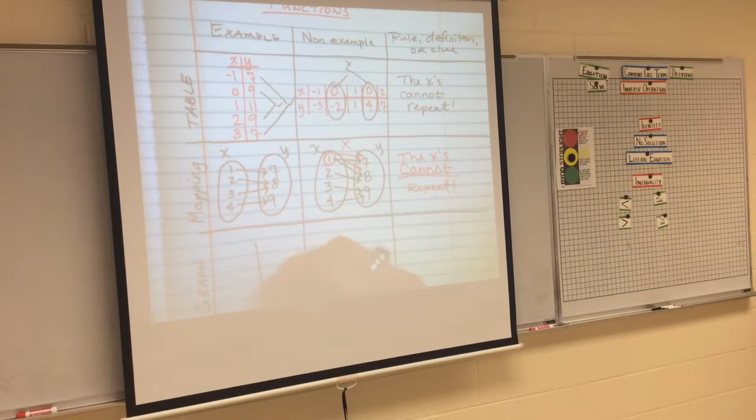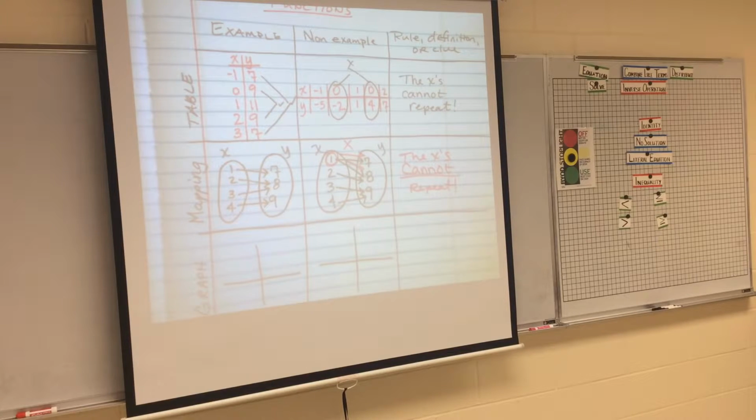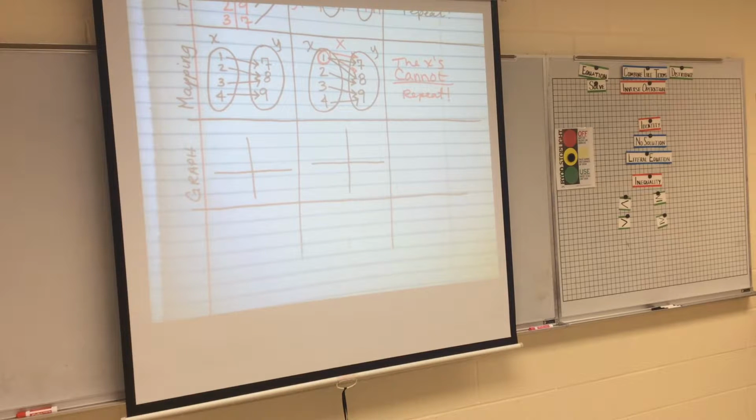All right, so we're going to sketch a couple of graphs. Yes, sir, just a sketch. I need some axes. I have an x-axis, a y-axis.